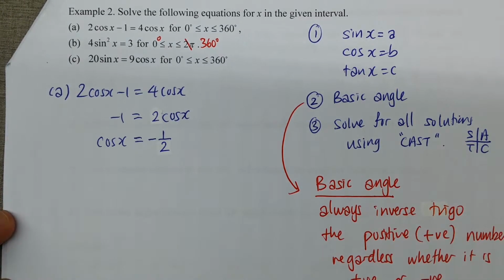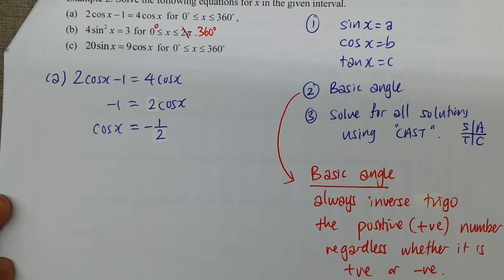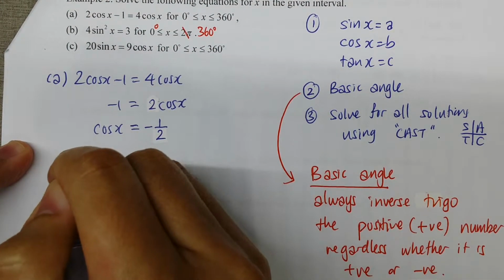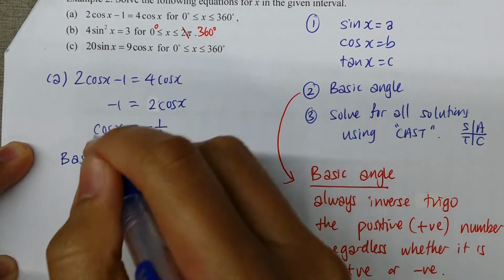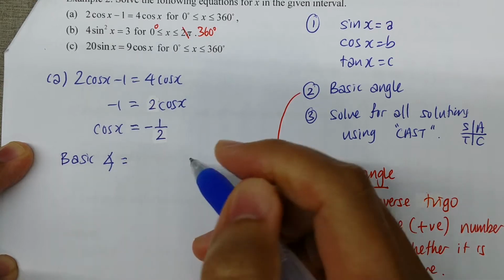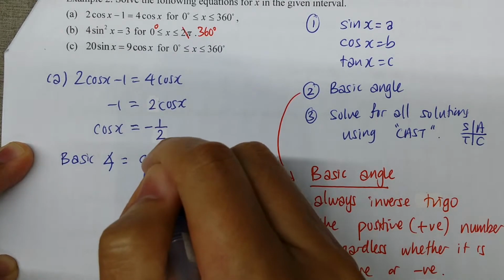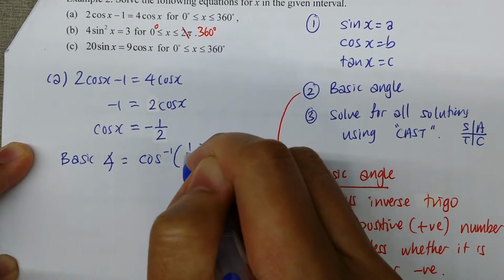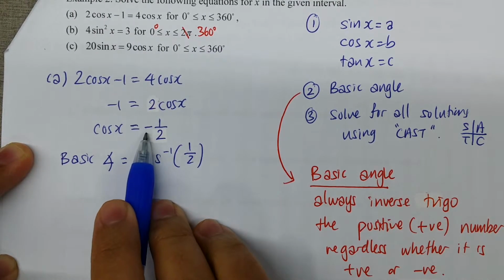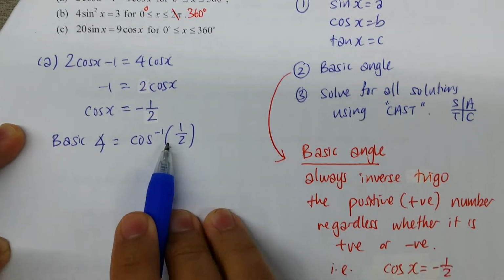If you can recall what I mentioned a minute ago about how to find the basic angle, for step 2, find the basic angle. This is talking about cosine, so I cosine inverse. Do I write a negative sign? No, because I warned you already.